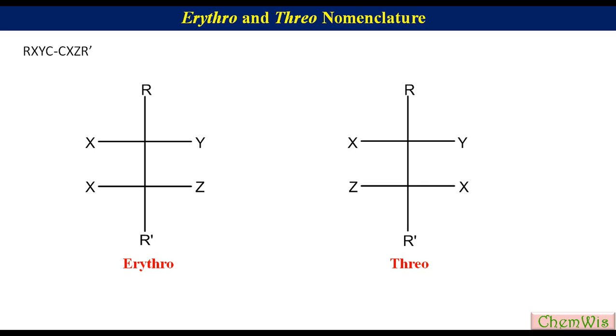From these structures, we can see that erythro and threo are not mirror images and thus these are two diastereomers. Now we are going to take the example of 3-bromo-2-butanol. There are two chiral centers, so there will be 4 stereoisomers, 2 erythro and 2 threo diastereomers.